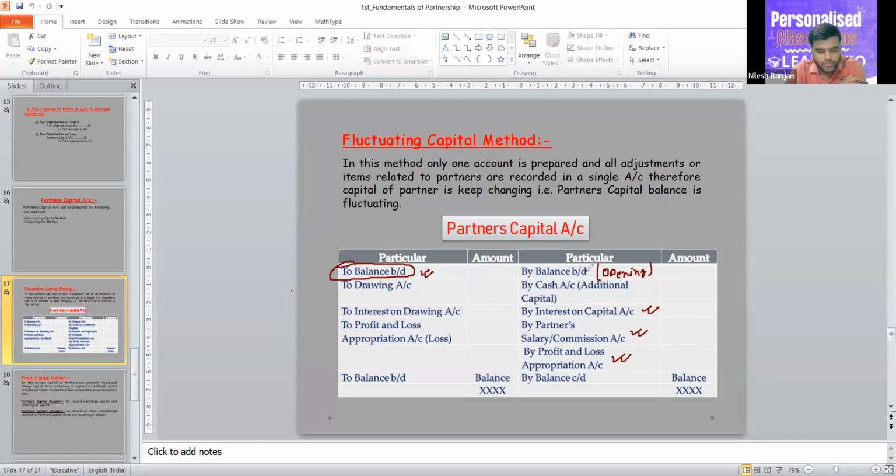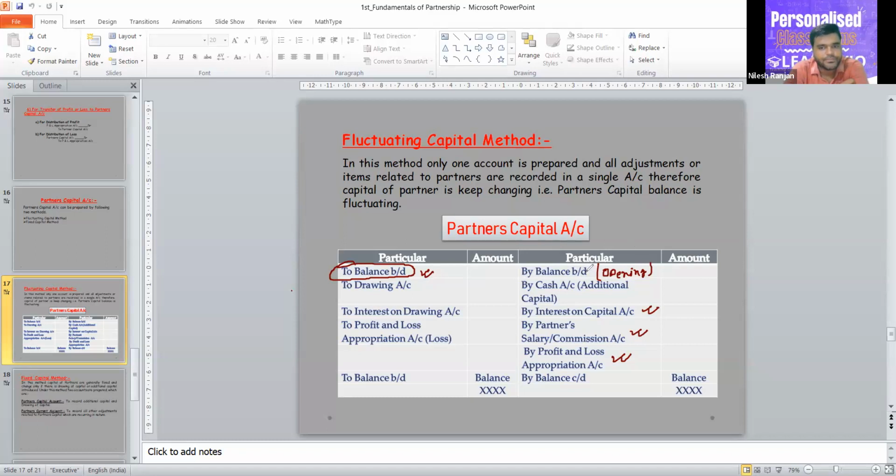Because if we go by the concept of new rules, the modern approach of accounting, then capital account always has credit balance. So generally, there is no negative balance in capital account, but sometimes maybe it will be given in a question, then you have to write this.